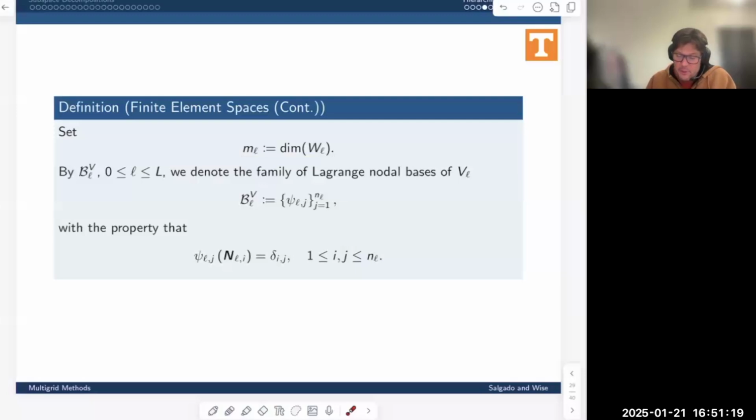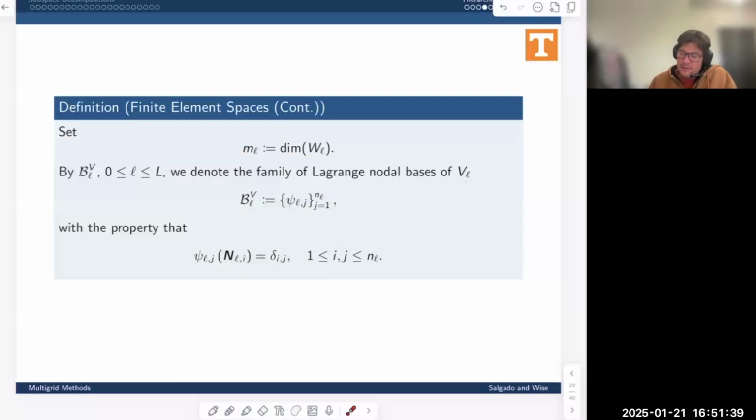By BLV, we're going to denote the family of Lagrange nodal basis functions for VL. So BLV is phi LJ, J equals 1 to NL. So that's the basis elements that we constructed in chapter 6. Those are the ones you're familiar with.